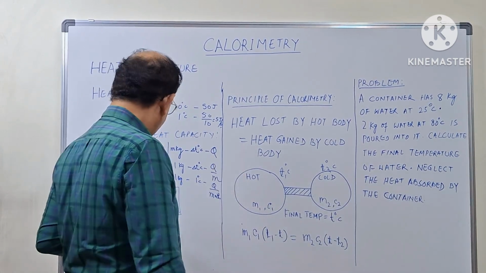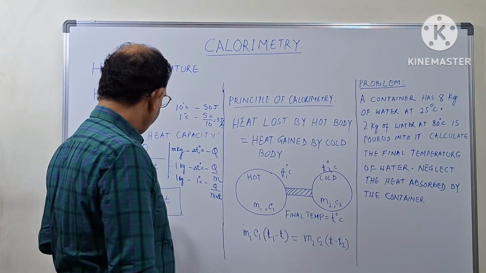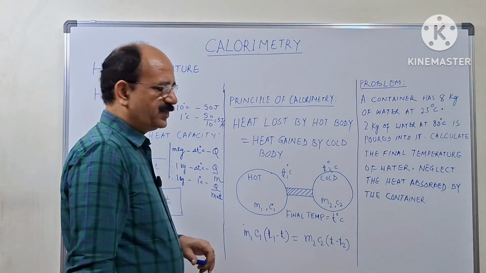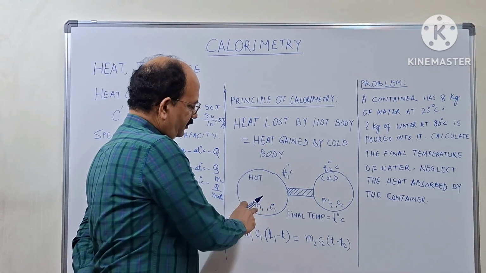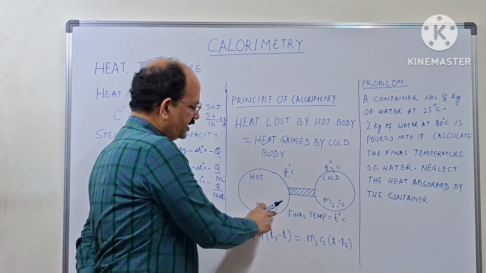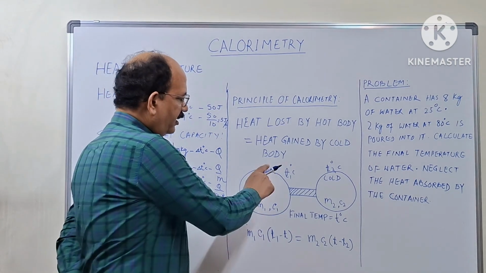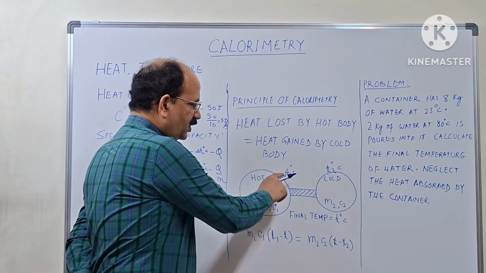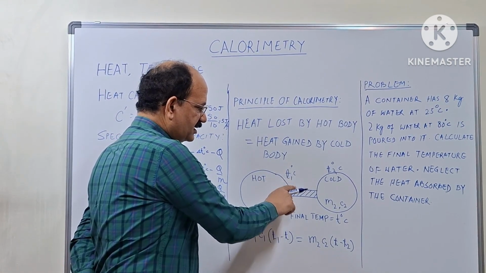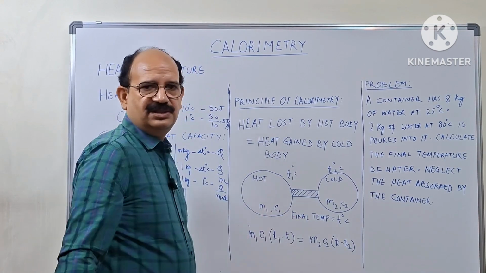Now let us use this formula, which is Q is equal to M times C times delta T. The hotter body has mass M1 and specific heat capacity C1. The temperature change for this body has happened from T1 degrees Celsius to finally T degrees Celsius.